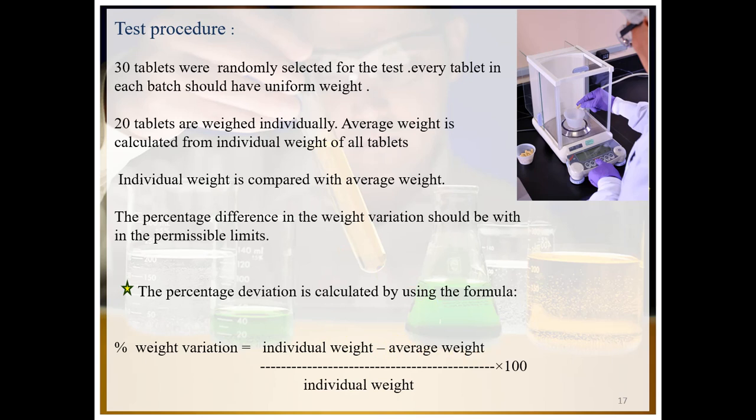For example, let's suppose you select 30 tablets or 20 tablets from a batch, you will have to take the average of those tablets. So, for example, if the individual weight of the tablet is 123 or 124 milligram, we put it here, and the average weight is, for example, 100 mg, then it is divided by the average weight of the tablet, and then multiplied by 100.